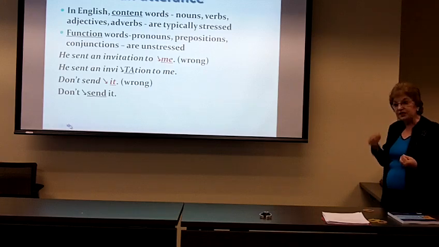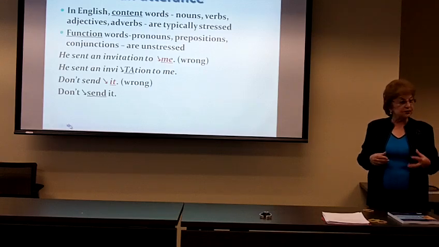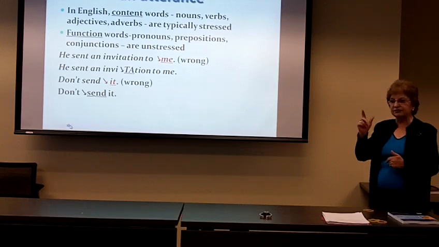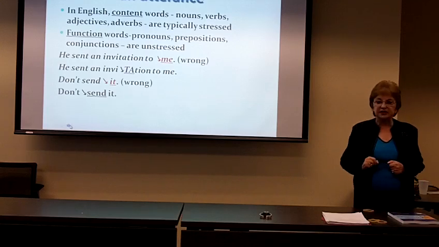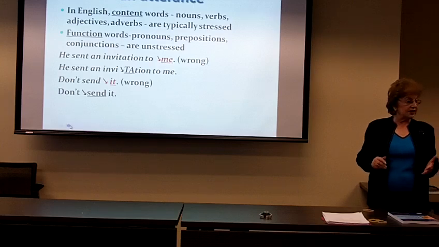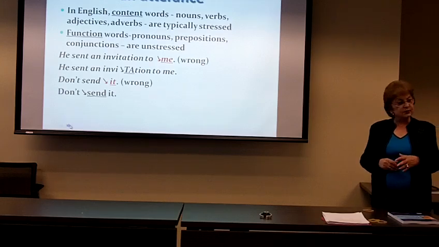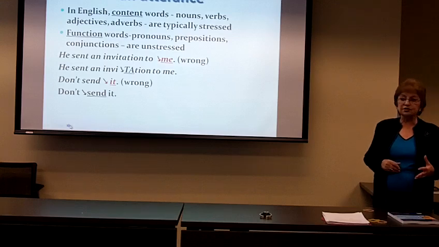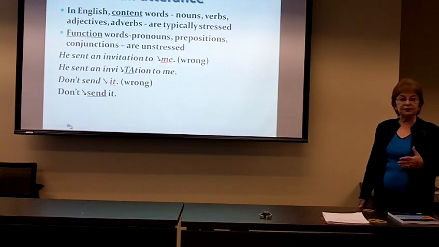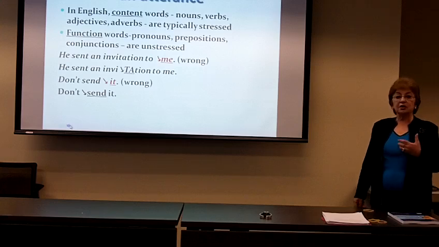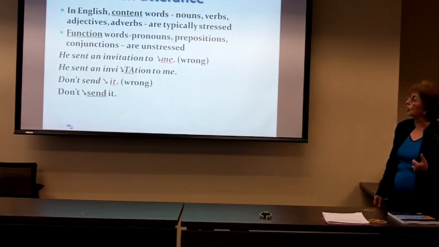Content means they have meaning, like nouns, verbs, adjectives, adverbs. In the book, there's a whole list of words that are stressed in English. And words that are not stressed are called function words. In some textbooks, they are called structure words, like pronouns, conjunctions, prepositions, auxiliary verbs, and so on.